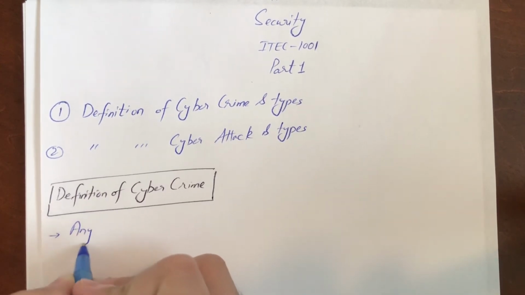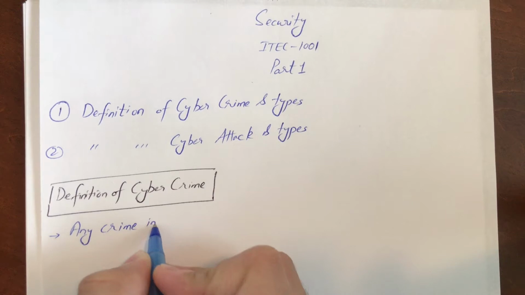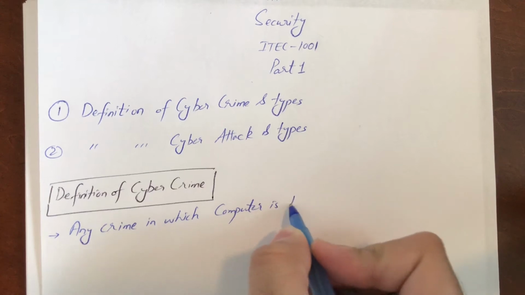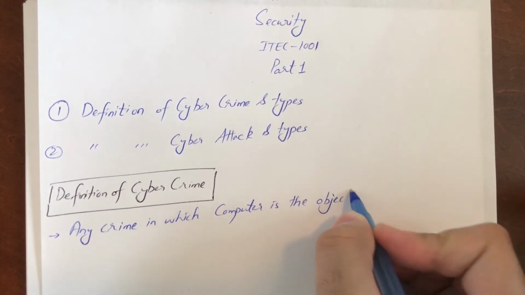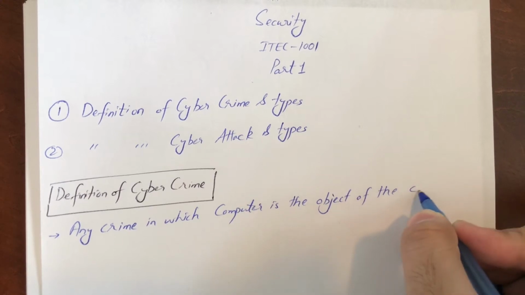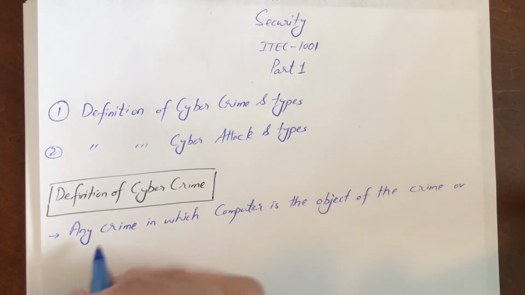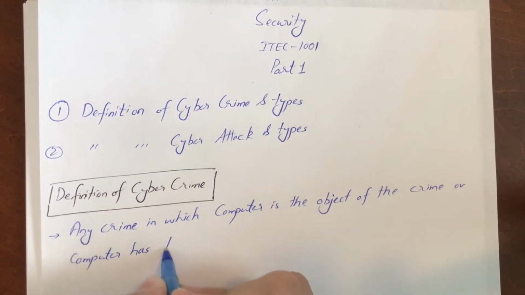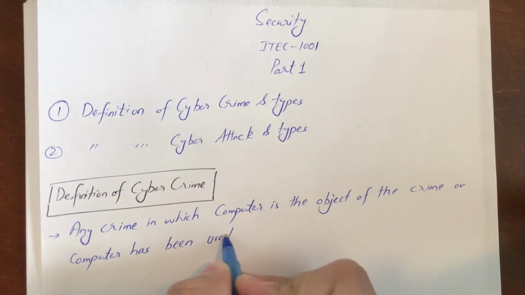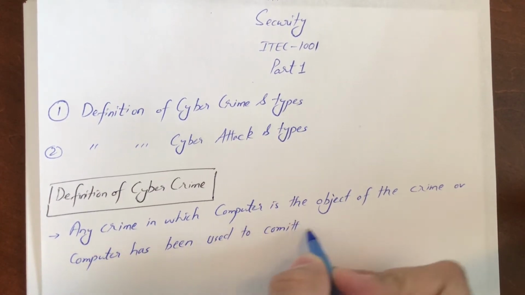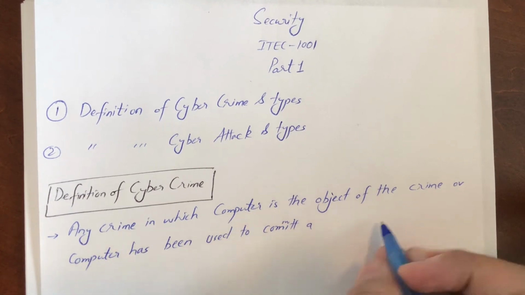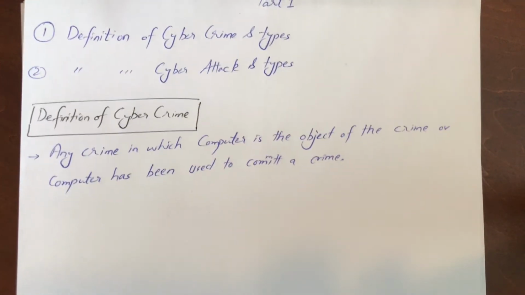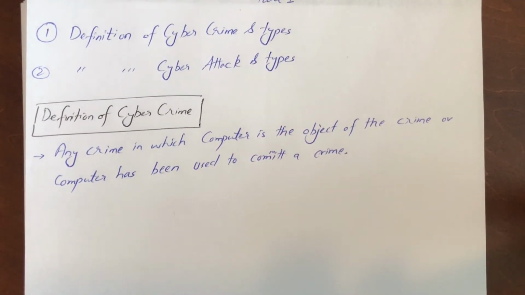So any crime in which a computer is the object of the crime, or you can say a computer has been used to commit a crime, is called cybercrime. So any crime in which a computer has been used, or where the computer is the object of crime.